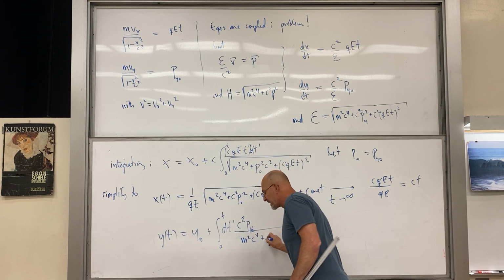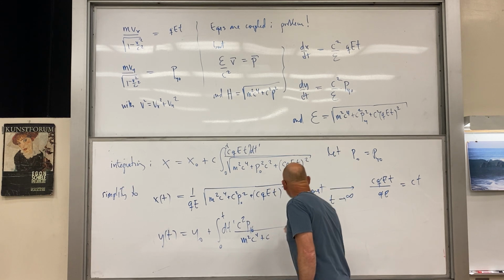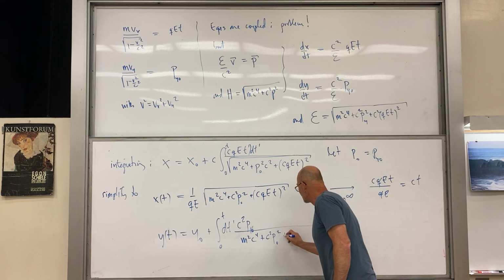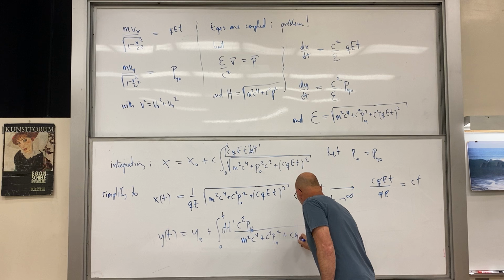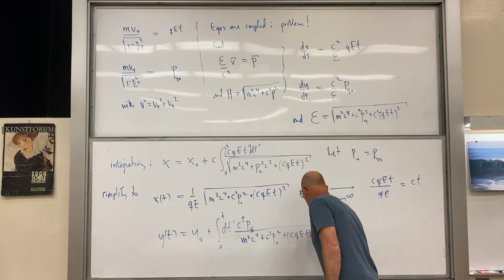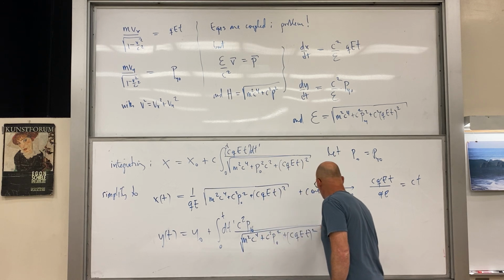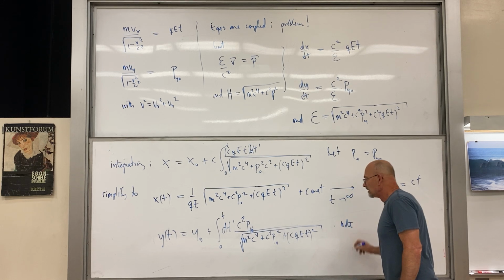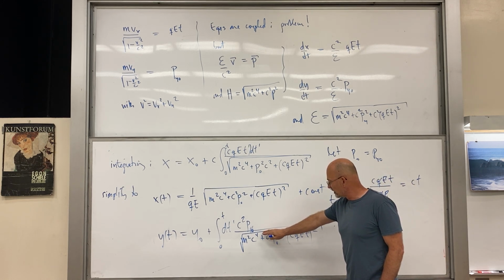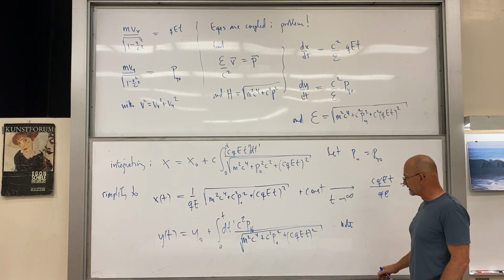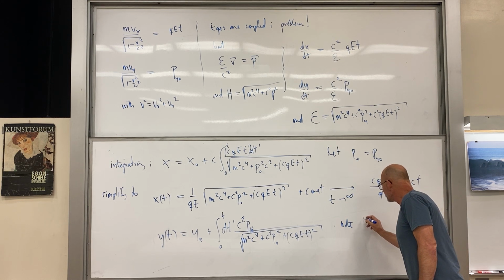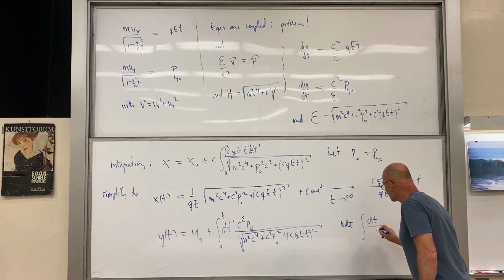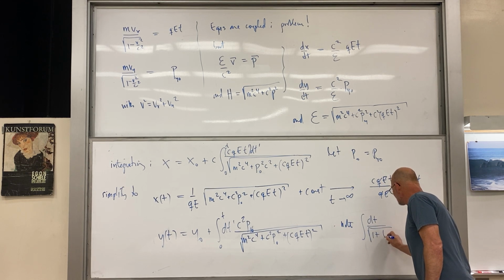So this one we have to recognize or look up in an integral table. So c squared p0 squared plus c qEt, quantity squared, square root. When you do some substitutions, you end up with an integral dt over root 1 plus t squared.